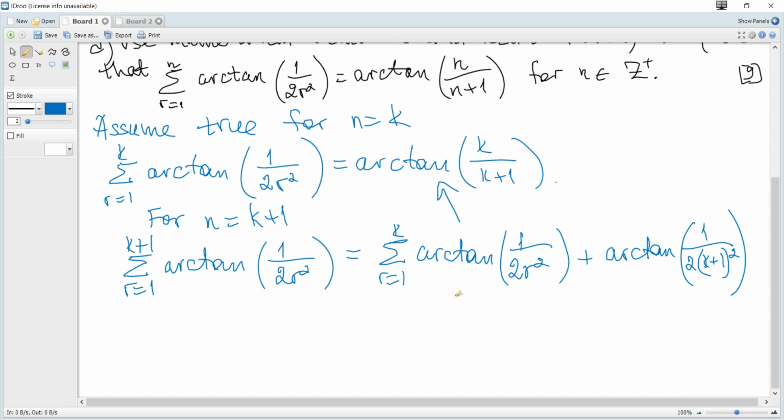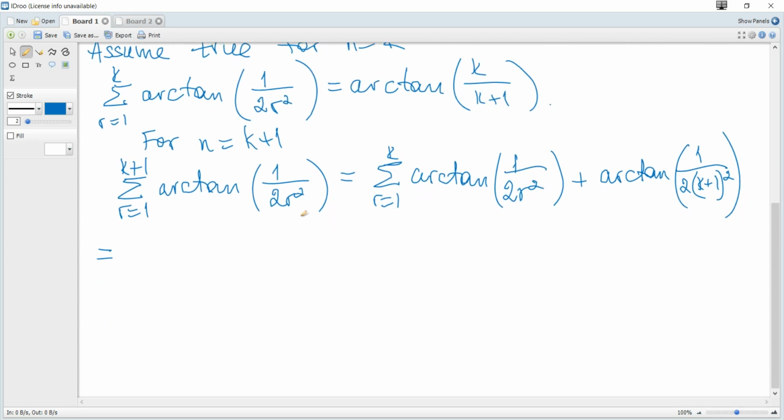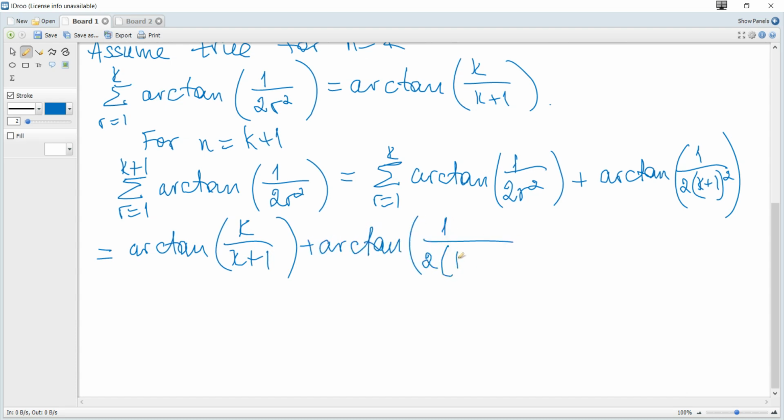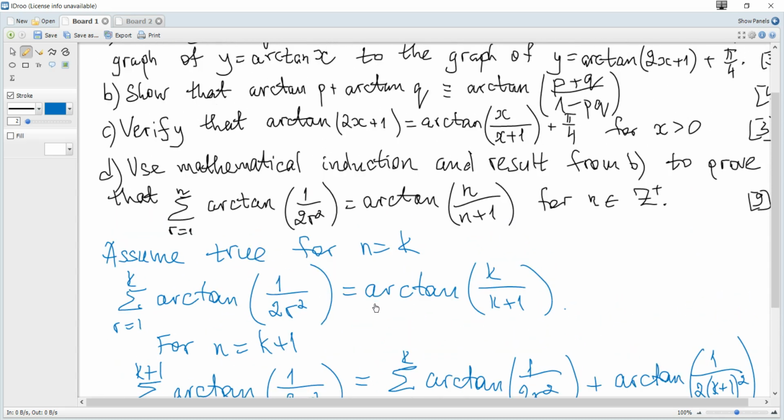And we can substitute this result for the sum up to k, so it becomes arctan of k over k plus 1 plus arctan of 1 over 2(k plus 1) squared, and we can see that there is the sum of two arctangents, and we can apply this result.